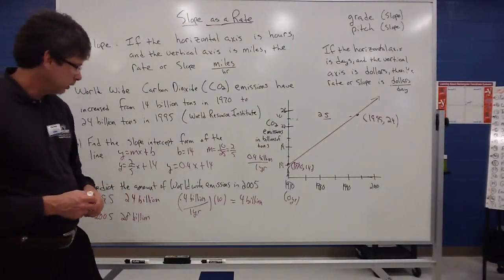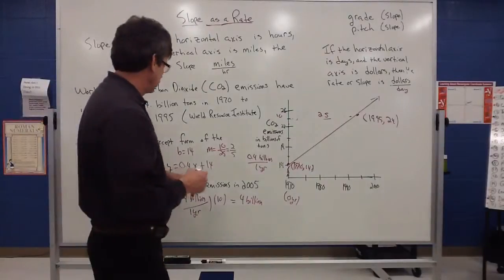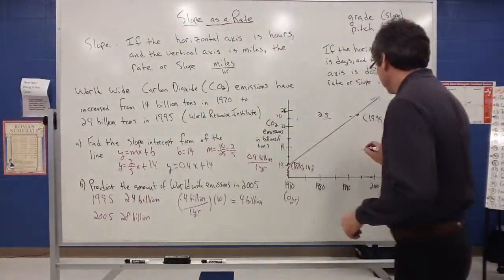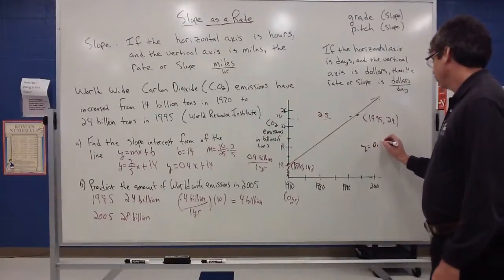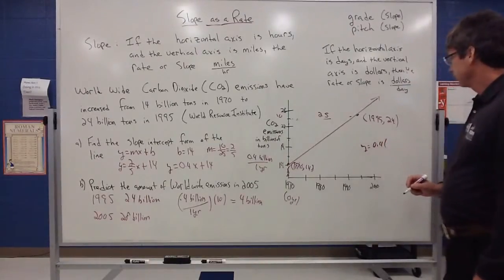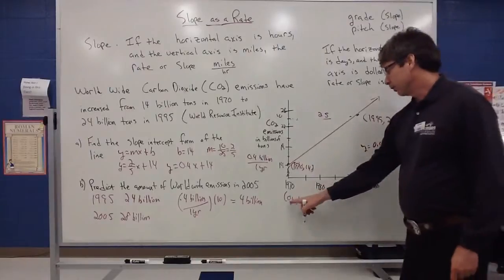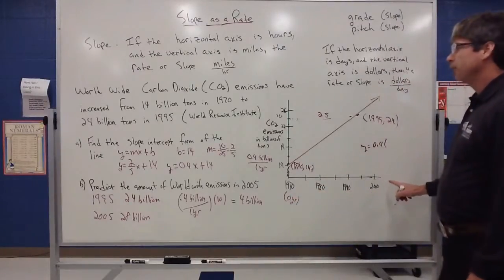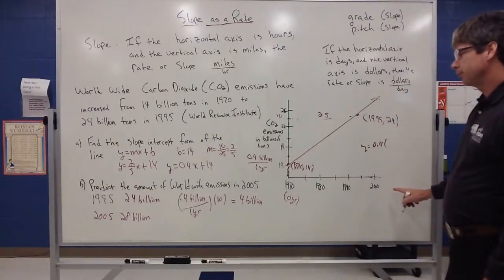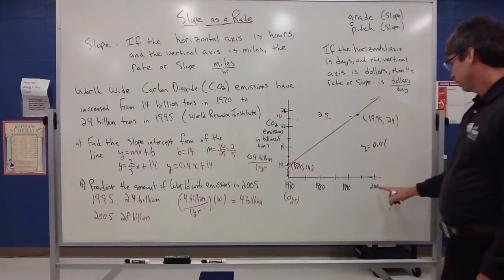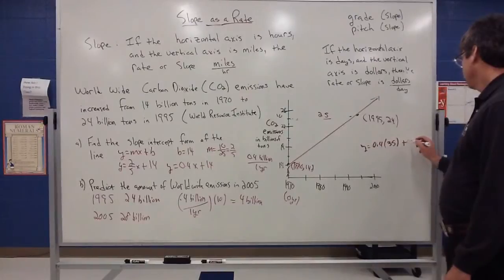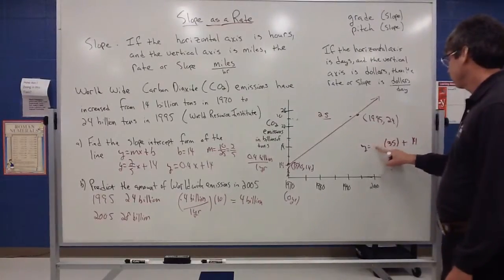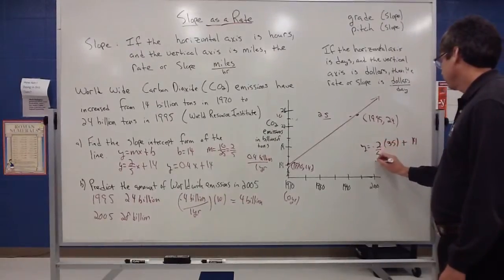So if I type that in, y equals 0.4 times, and again, if this is the 0 year, 2005 would be 35 years, plus then 14. I think I'm going to actually change that back to 2/5. I think I can do 2/5 a little bit better.